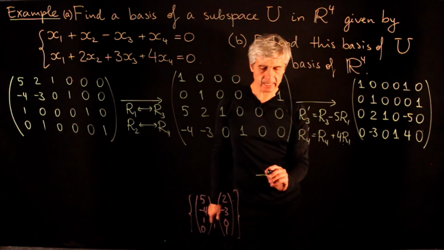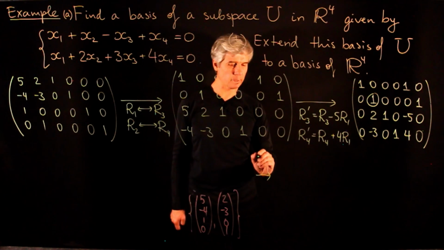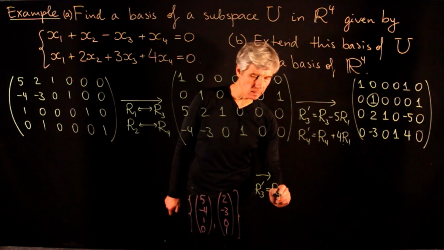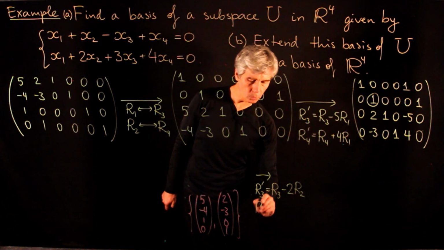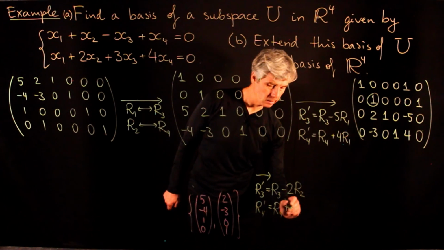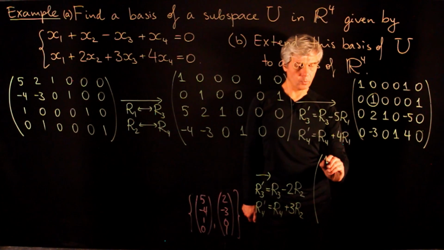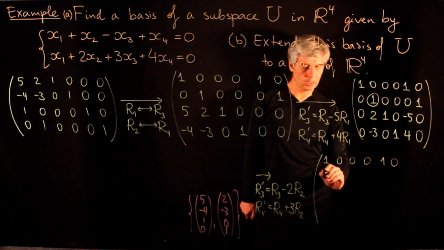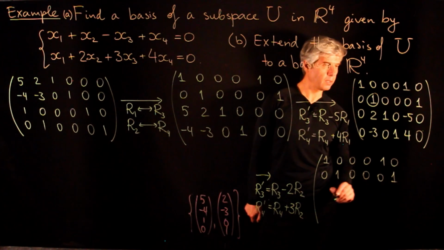Now for the next step, we use this pivot and we apply the following elementary row operations. We say that new row 3 is row 3 minus 2 times row 2, and row 4 new is row 4 plus 3 times row 2. So what is the matrix? We get 1, 0, 0, 0, 1, 0, 0, 1, 0, 0, 0, 1.